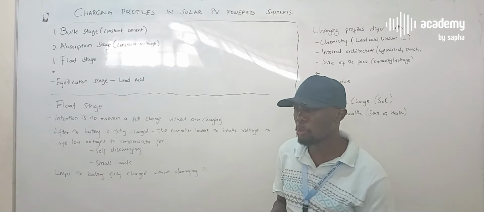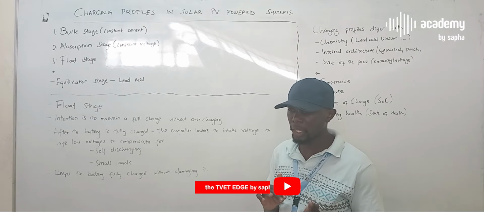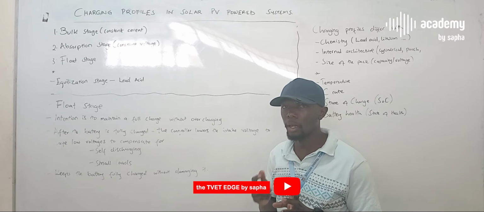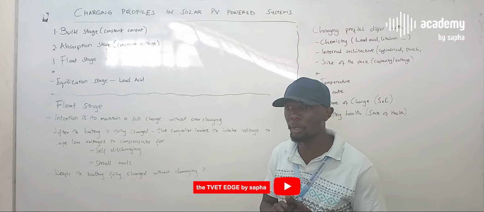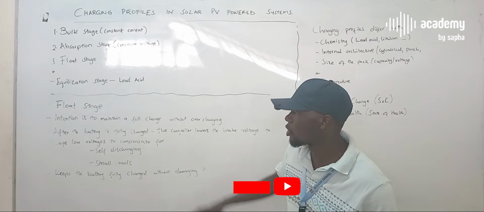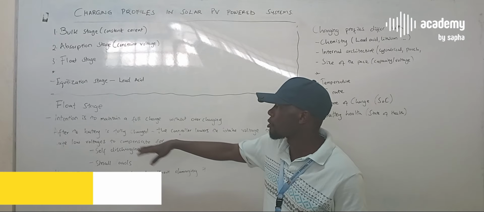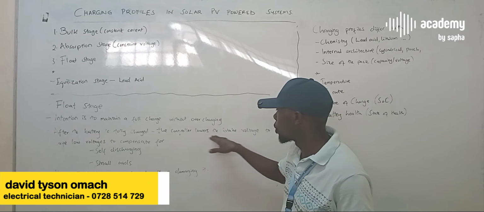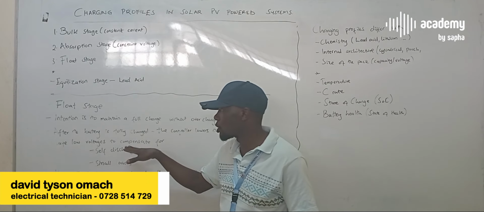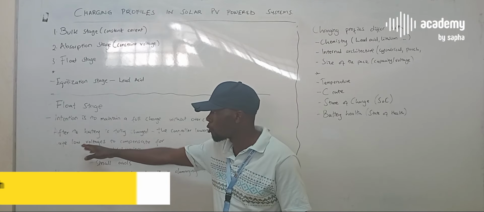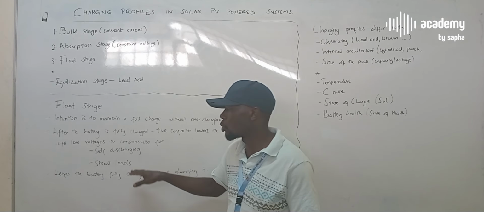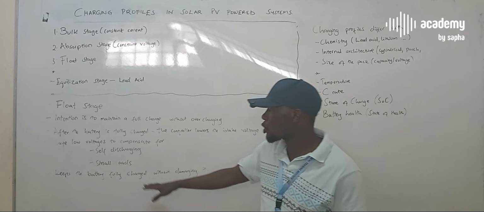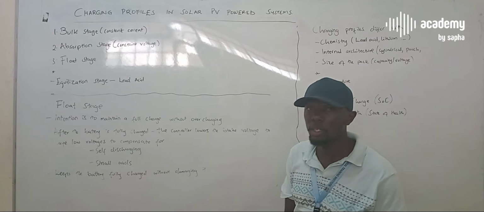Self-discharging normally happens because of the internal resistance of the cell, chemical reactions and such effects within the battery itself. So after the battery is fully charged, the controller will lower the intake voltage to low voltages to compensate for self-discharging and small loads. And this is meant to keep the battery fully charged without damaging it.